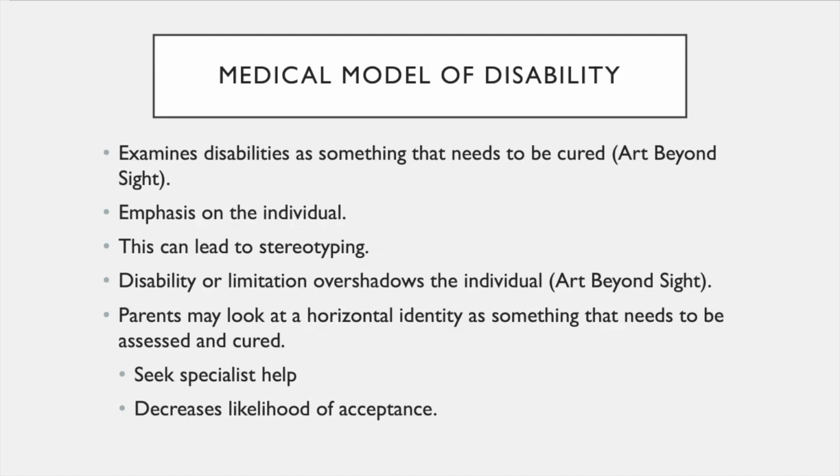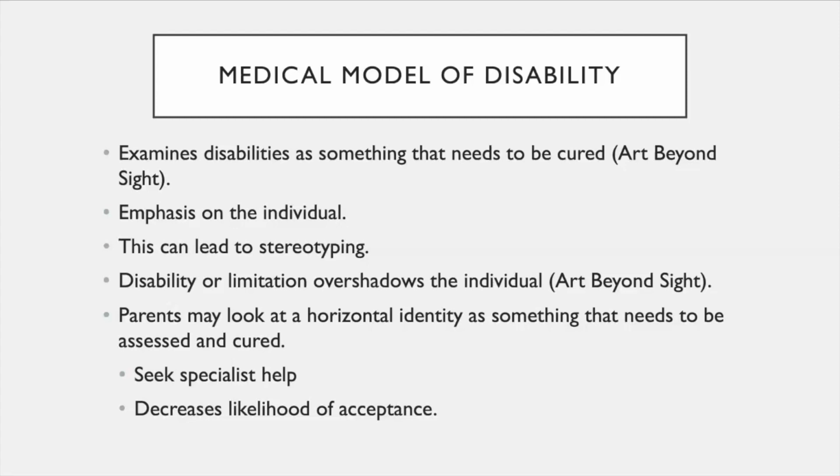This can also place fear in a parent with a child that has a disability that they do not have. The unfamiliar can instigate fear and stereotypes and may create a false possible reality. Unlike the social model, when looking at horizontal identities with the medical model, parents may perceive these identities as something that needs to be assessed and/or cured. So for instance, taking their child to a psychiatrist to be tested for ADHD or autism.